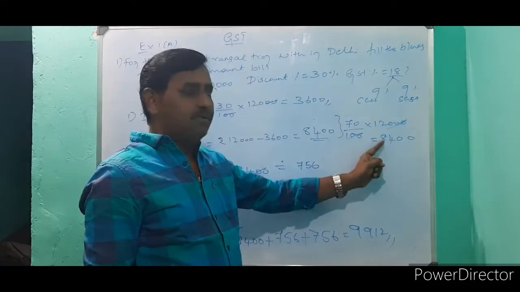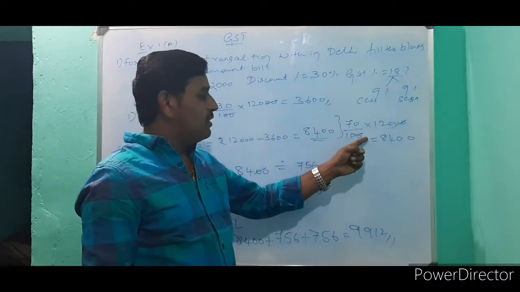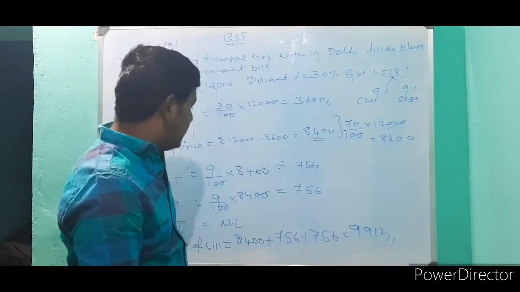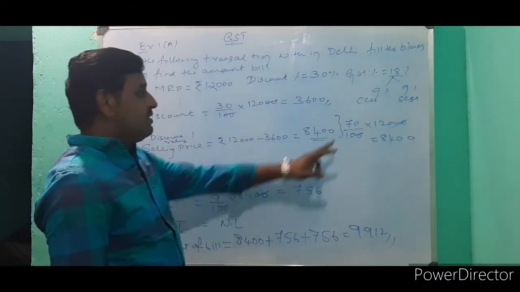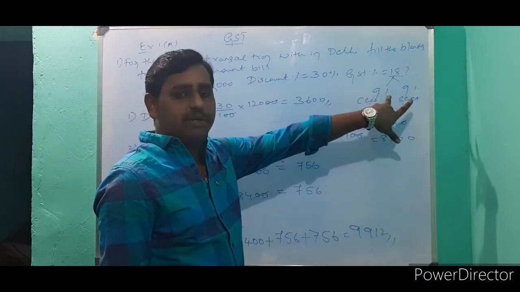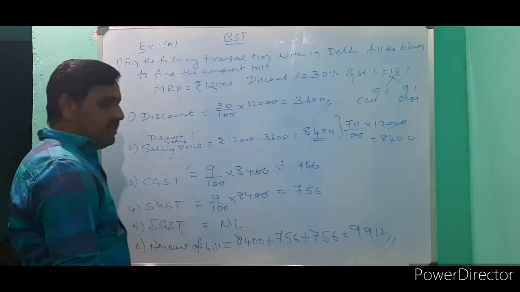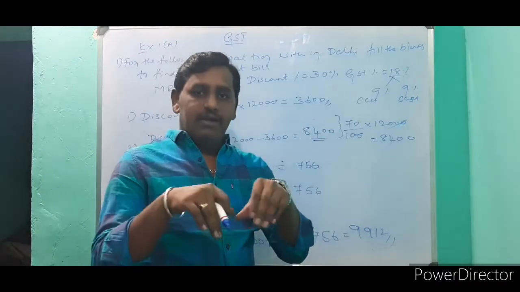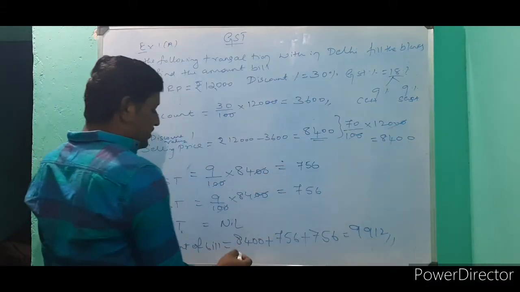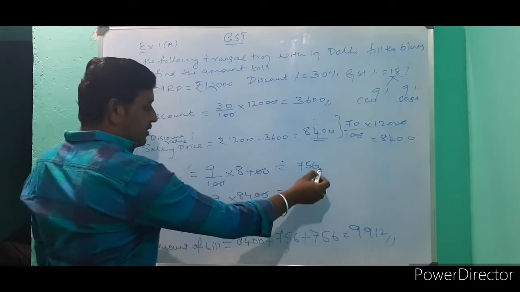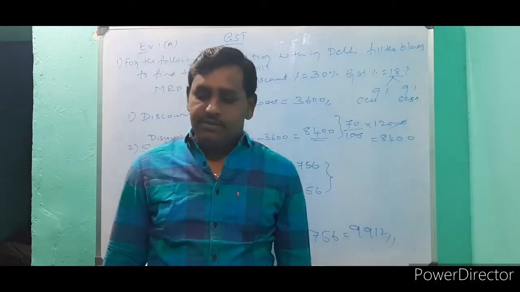Most of the problems we use this method because the other takes 2 extra steps; this way we can finish in only one step. Then GST 18% is divided into 2 parts, 9% and 9%, so find CGST and SGST. IGST is nil because of the intrastate transaction. Total amount of bill is the selling price 8,400 plus these two GSTs, so you will get 9,912.